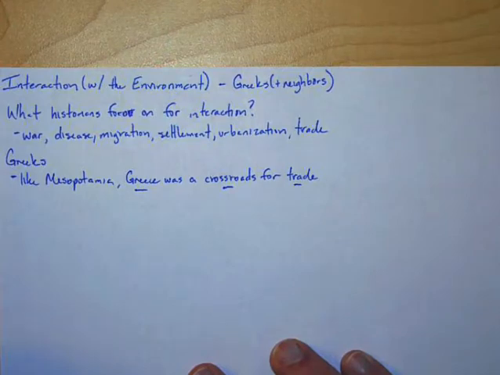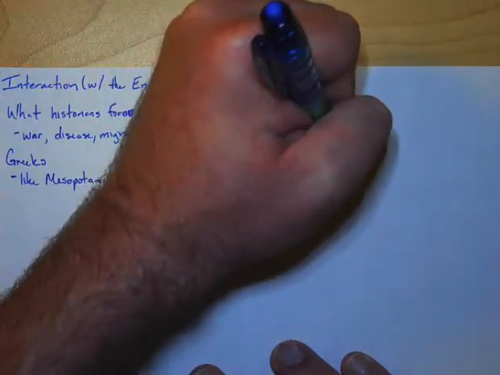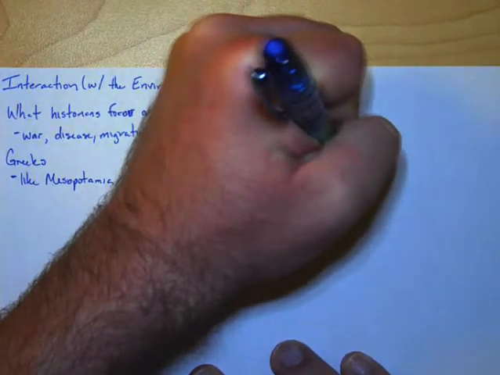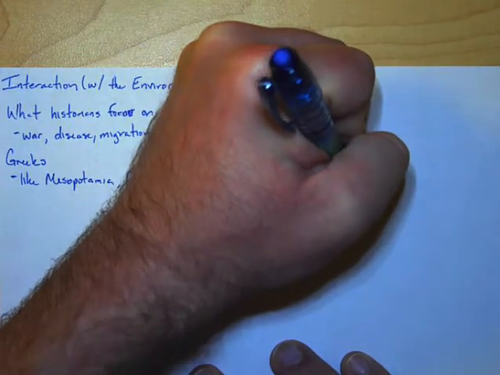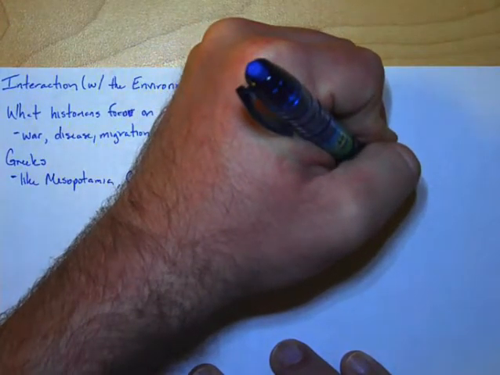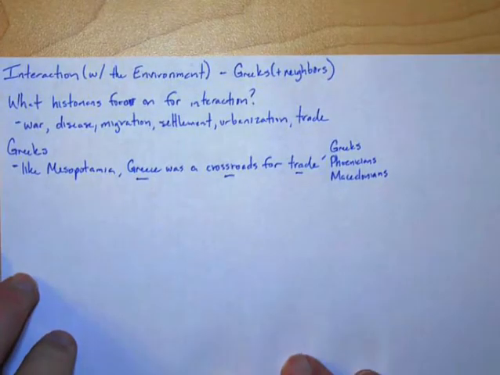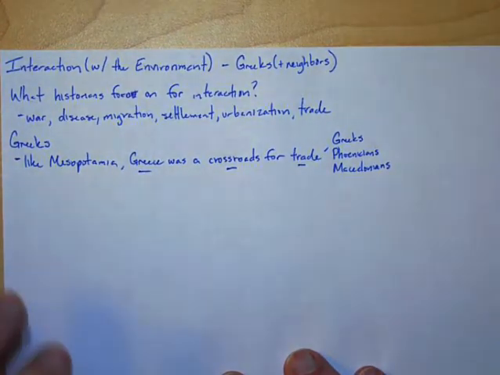The people who live in and around Greece, so we might think like the Greeks themselves, the Phoenicians, the Macedonians, all of these people that are kind of around Greece were either trading or they were influenced by merchants who are coming through the area.